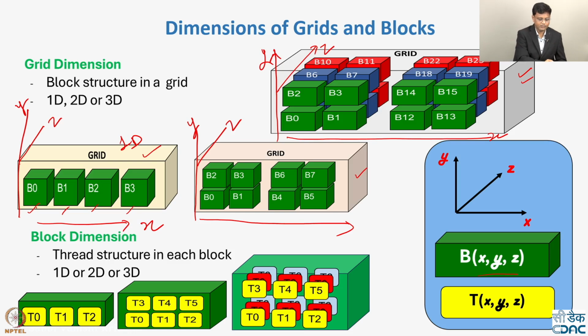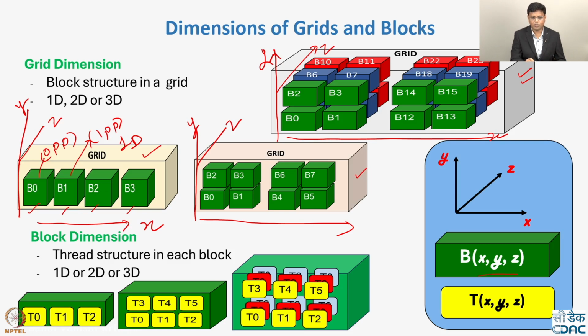If I look here, what are the coordinates for this block? This is going to be 0, 0 and 0. Similarly, the coordinates will be 1, 0, 0 for B3, because the block is present at position 1 in x direction, and in y and z there is no block. So, that is why these coordinate points will be 0 and 0.